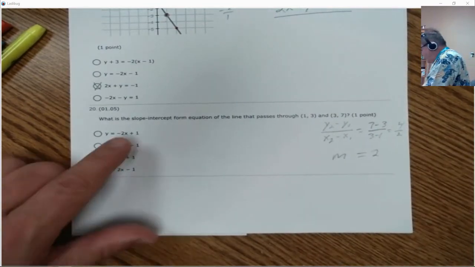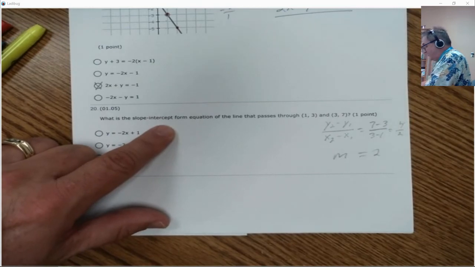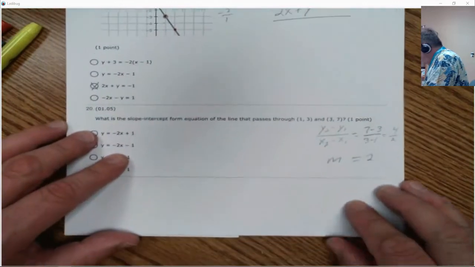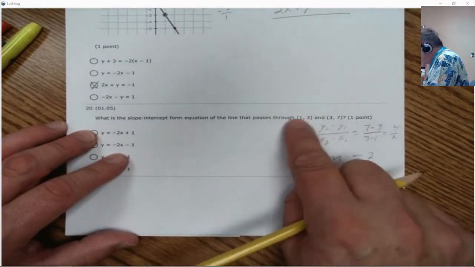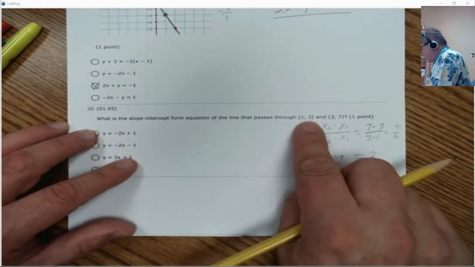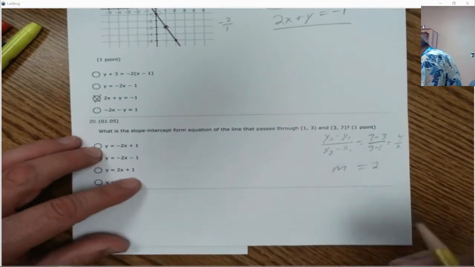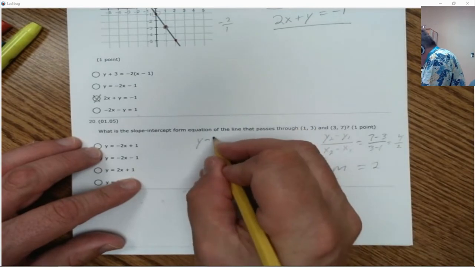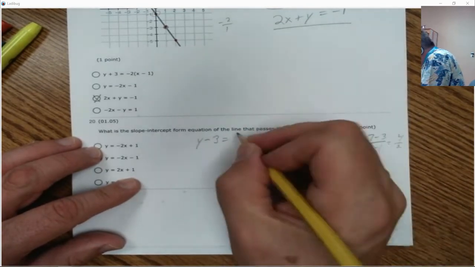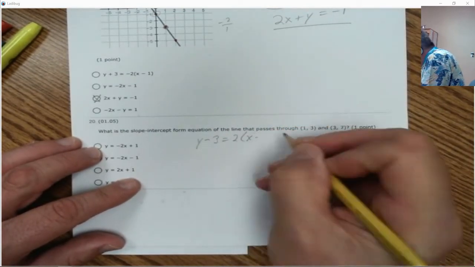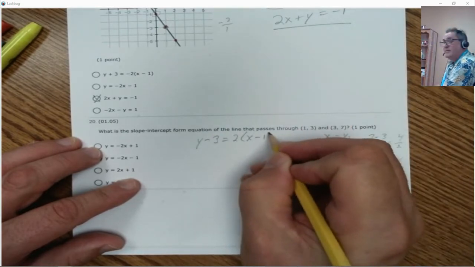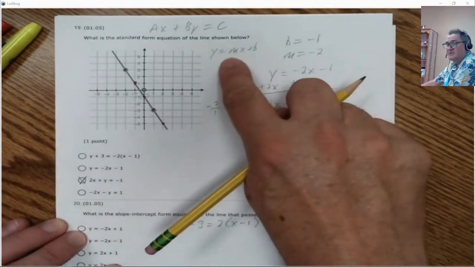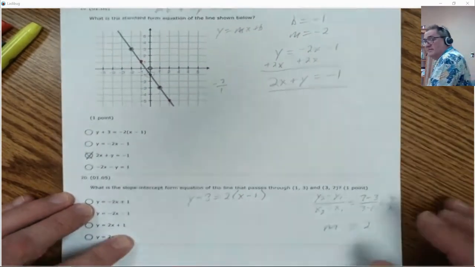And then the slope-intercept form, which is the y equals mx plus b we used up here. We have 2 points, so let's write first in point-slope form, where it's y minus the y point equals the slope times x minus the x point. If we solve this for y and make it y equals, that will convert it to slope-intercept form.